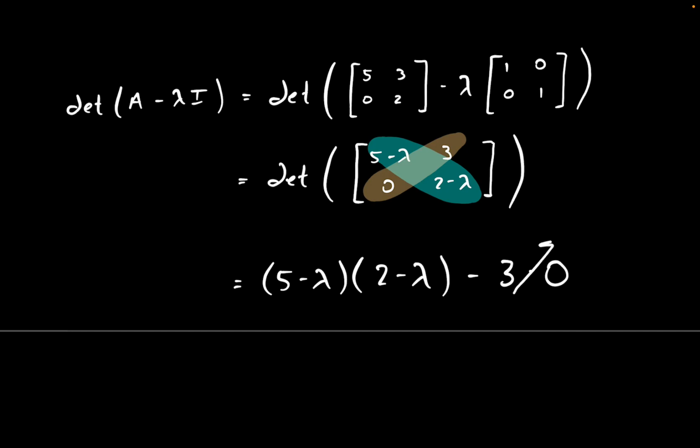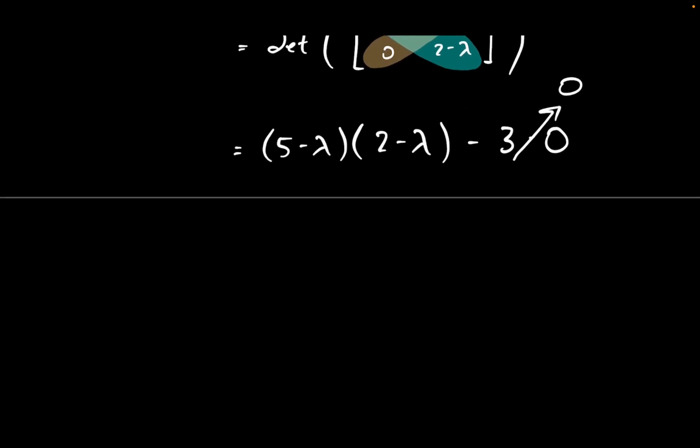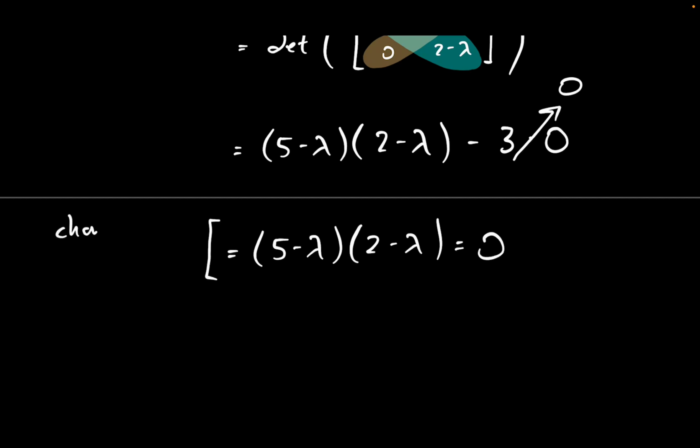But in this case, 3 times 0 will just give us 0, so we can ignore that part. And now that leaves us with 5 minus lambda times 2 minus lambda is equal to 0. And now one thing I want to note real quick is this is actually called our characteristic equation.